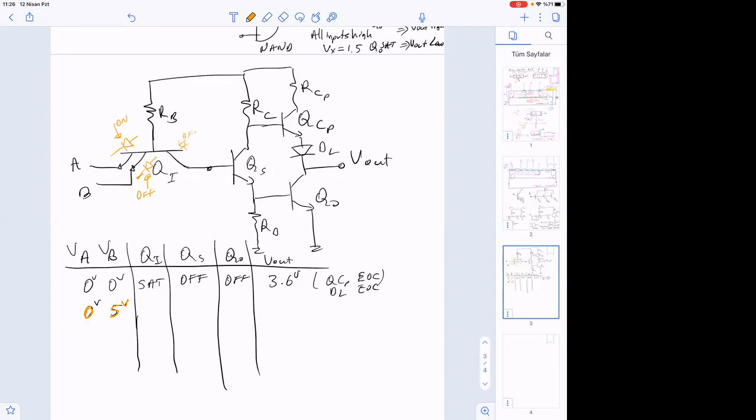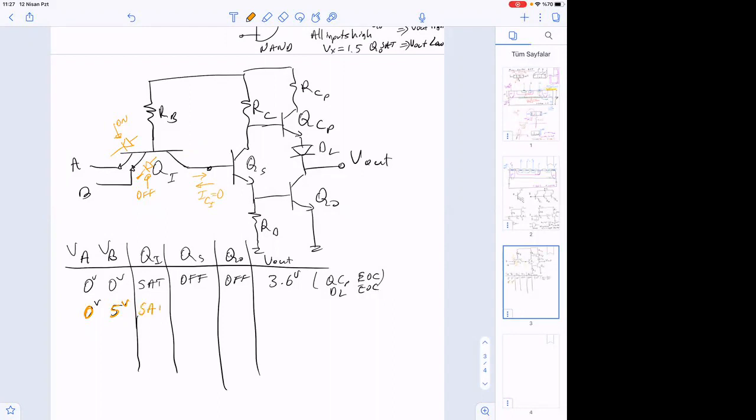Okay. So if one of them is on, then this junction is going to be for sure off. Sorry, what am I saying? I'm saying something wrong. We say SAT, so it should also be on. But no current is going to be able to pass through here. So the collector current of QI is going to be 0, so it will be in SAT.